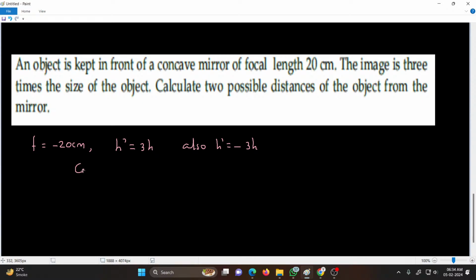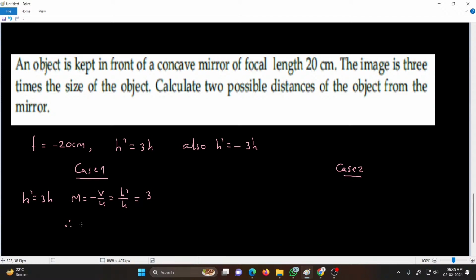So you will say case 1 and case 2. So case 1, h dash is equal to 3h, that gives you magnification m equal to minus V by U is equal to h dash upon h. H dash upon h is 3 here.